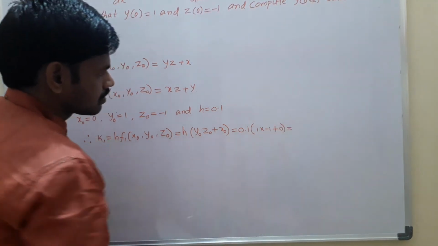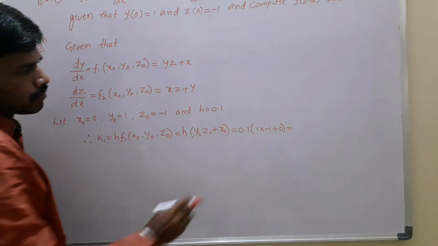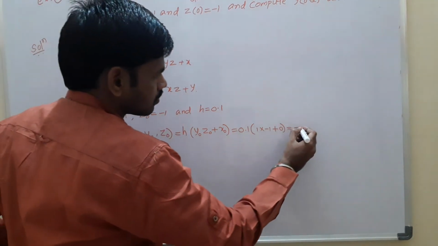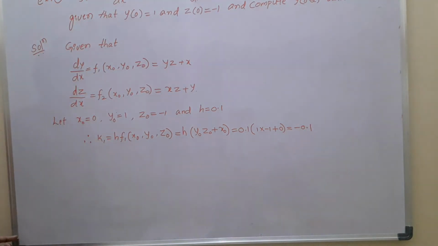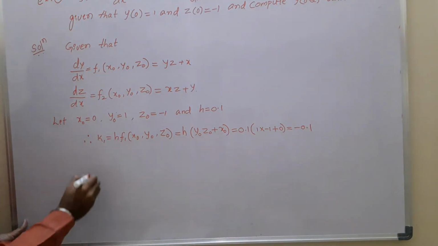So we get the answer: minus 1 into 0.1, k1 equal to minus 0.1.